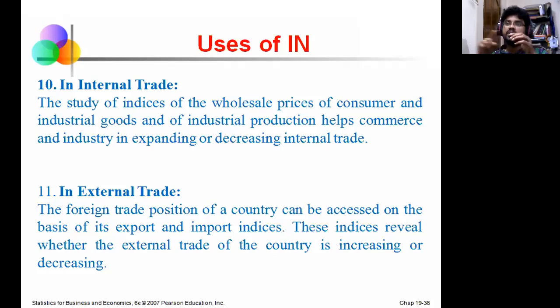GDP is equal to C plus I plus G plus X minus M plus R minus P. So X is nothing but exports, and R is nothing but receipts from the foreign. For example, our Indian people who are working in foreign countries get some income. How much they are getting, whether the returns increase or decrease year by year, they will calculate in the external trade.